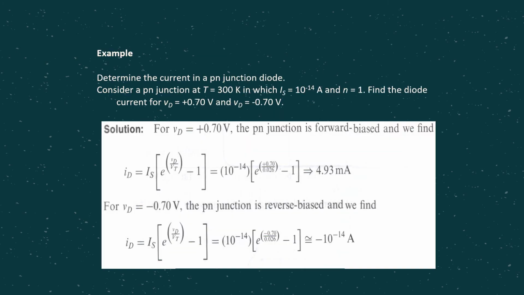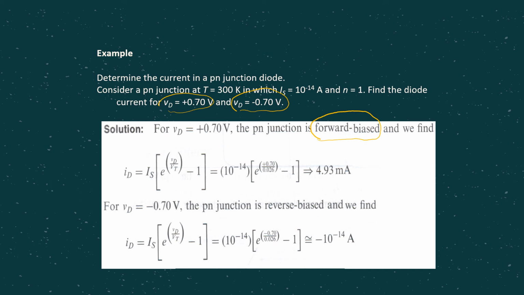Let's have a look at this example, using the ideal diode equation that I have just shown you. This example asks you to calculate ID, the current in the PN junction diode, for two conditions. First, when Vd is 0.7, and the second when Vd is negative 0.7. What does it mean? For Vd positive 0.7, it means that at that time the PN junction is under forward bias.